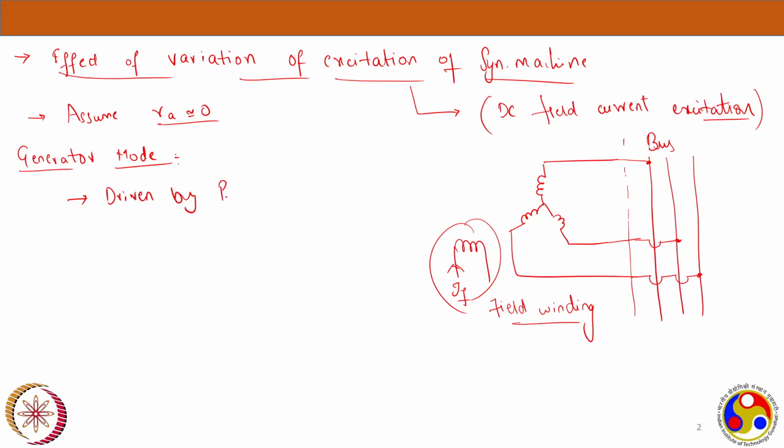It's a mechanical movement we are giving to the rotor. Usually prime movers could be steam engines, water turbines, steam turbines, and also diesel engines, which can give a mechanical rotation to the rotor.